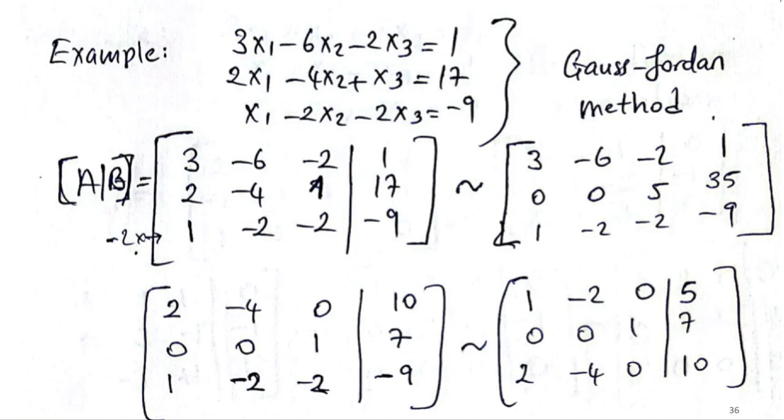Another example, here let's look at a 3 by 3 system where we have 3 unknowns and 3 equations. If you want to do the Gaussian elimination or Gauss-Jordan method, in both you will have to do some row operations to simplify this expression.